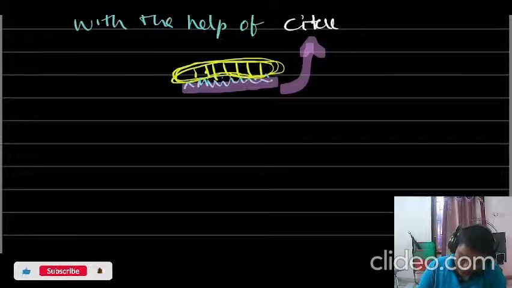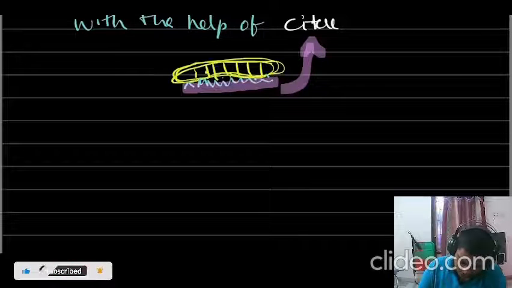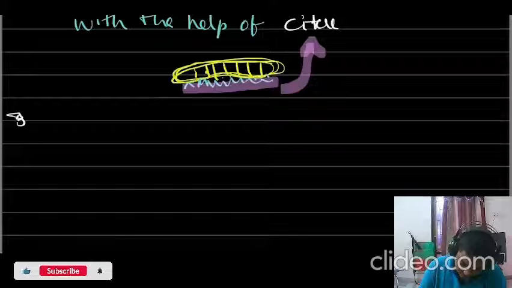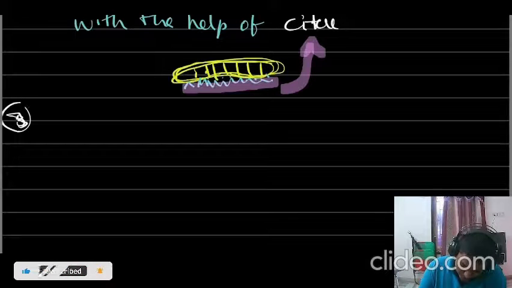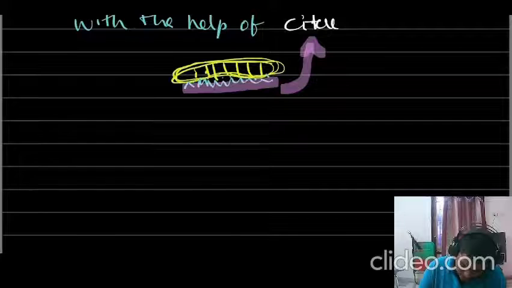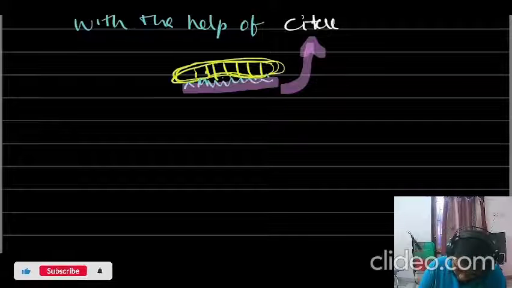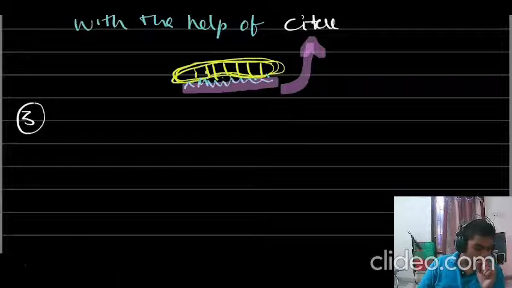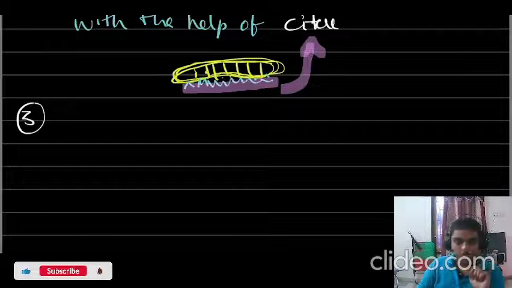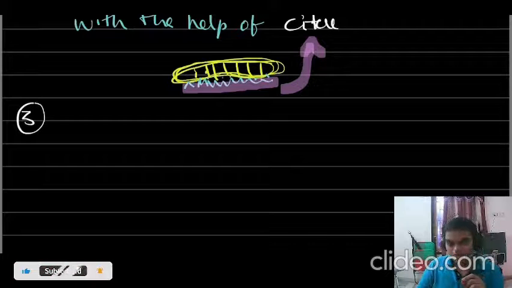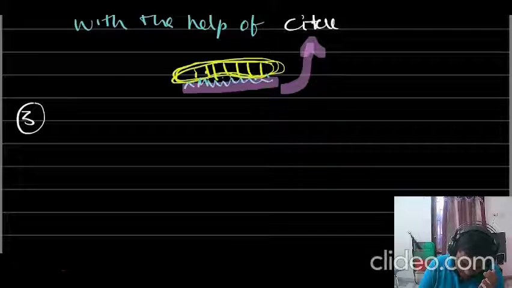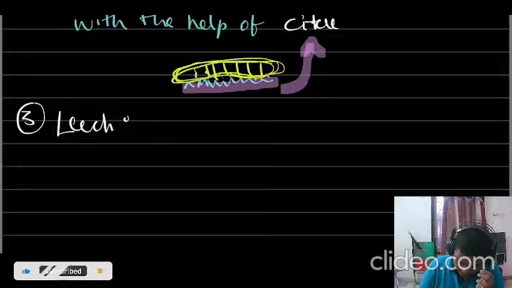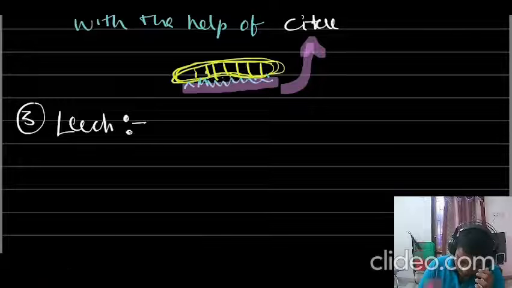Now, let's move on to the third organism which we will be discussing in these invertebrates, in which we will be discussing movement through muscles in addition to suckers. It's leech.